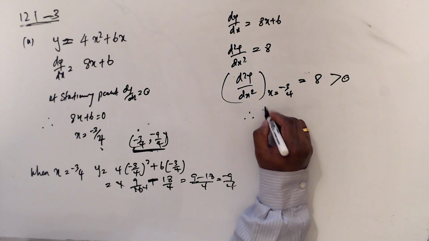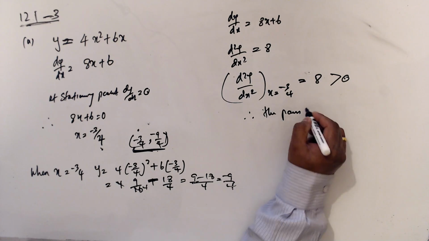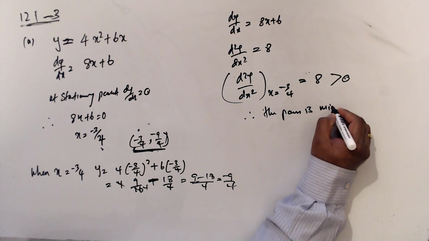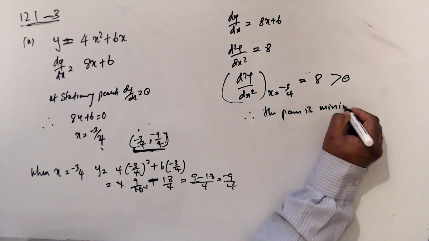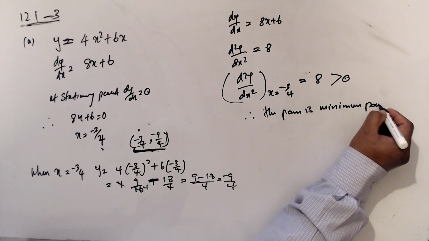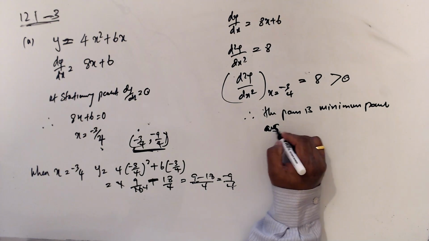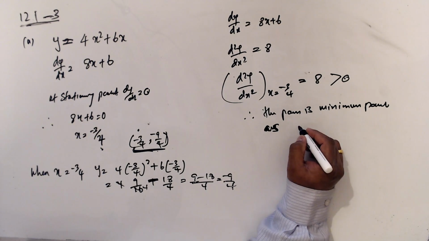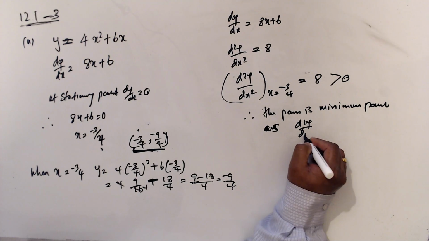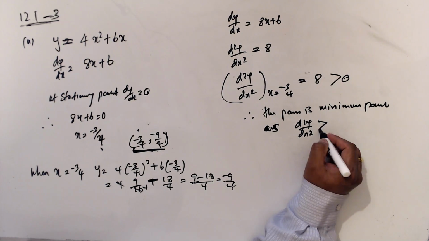Hence, the point is a minimum point as d squared y over dx squared is greater than 0.